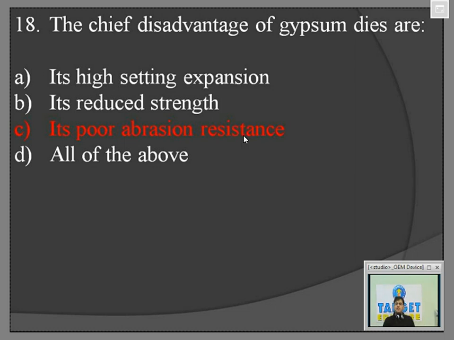Gypsum dyes have high setting expansion which is actually beneficial for us because any casting has casting shrinkage. So to compensate for that we need high setting expansion to account for the casting shrinkage.